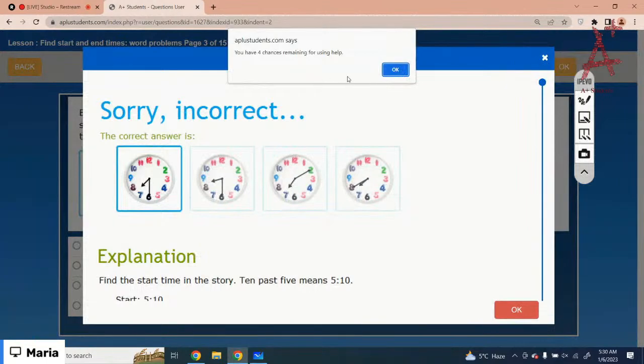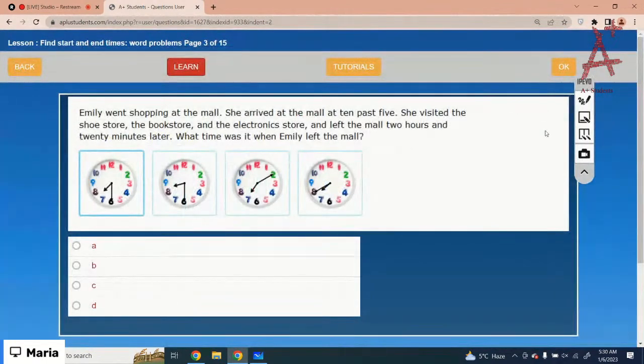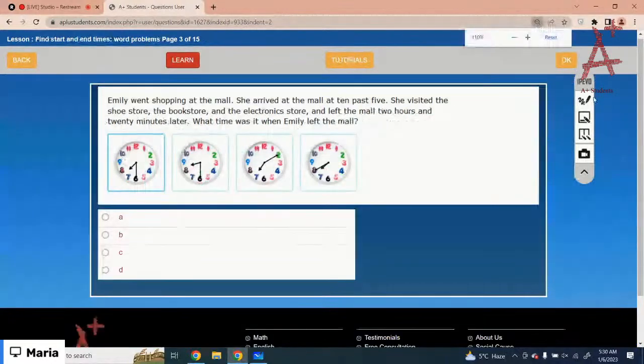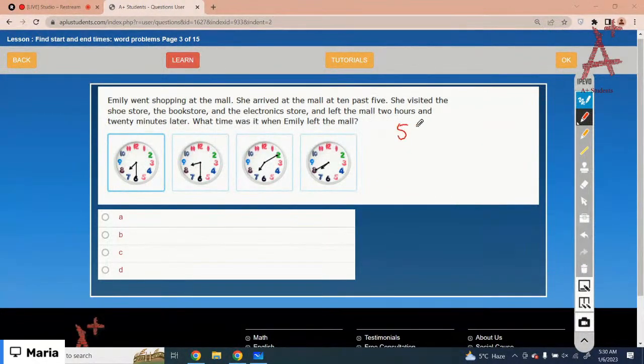Okay. 10 past 5. Sorry. 10 past 5, not 5 past 10. Sorry. It is 10 past 5. So that means she arrived at the mall at 5:10. Got it?